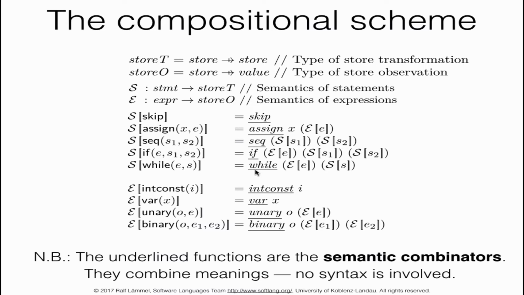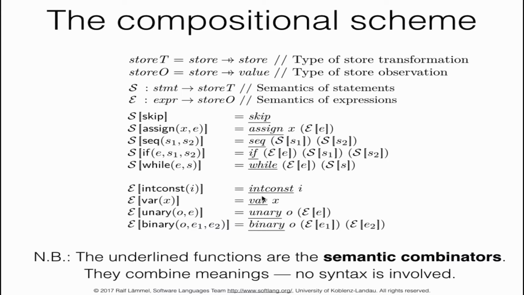Or here for while, the semantic meaning of a while loop is the application of the semantic combinator while to the meaning of the condition E and the meaning of the body S. And this is just the same scheme all over. It's just a scheme. We haven't really yet defined precisely what the meaning is, because that's up to the semantic combinators that we still need to define.